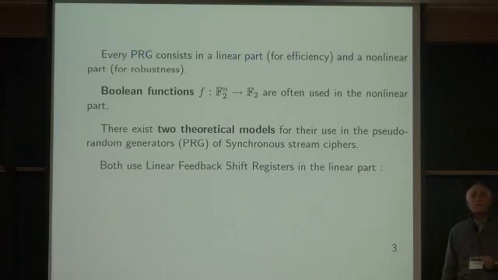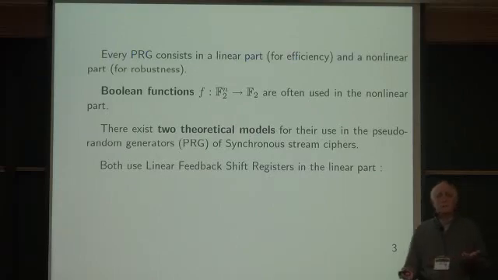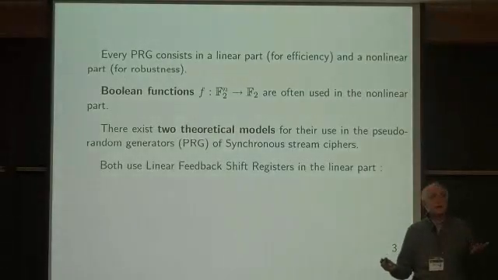Every such PRG is made of a linear part, because what is linear is fast, and stream ciphers must be very fast. In cryptography, speed is maybe the most important. For instance, the AES won the contest because of speed, not because of robustness.